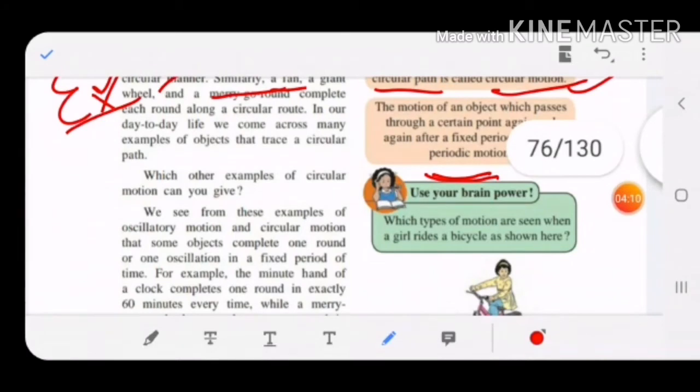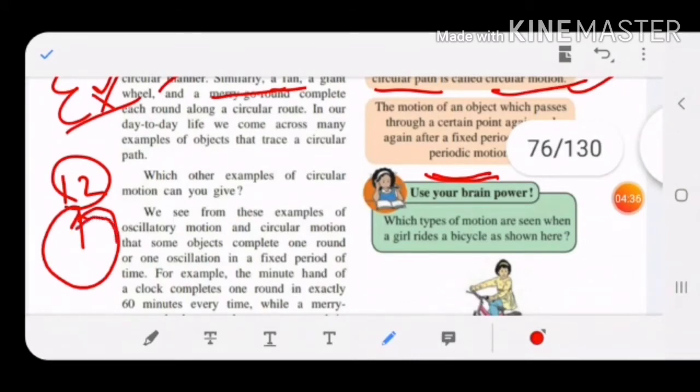Here what happens, children? In a watch, in a clock, what happens if the hand is on 12? After completing a complete 60 minutes round, it again comes to what? 12 o'clock. That means the period is fixed. After 60 minutes, what happens?